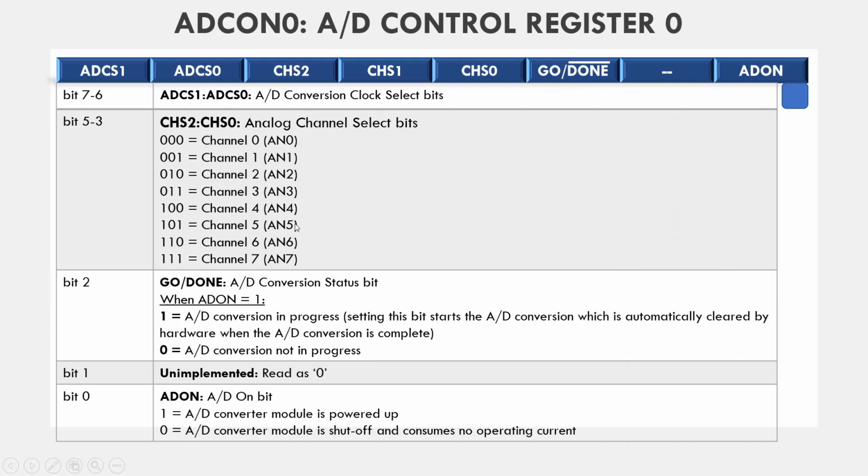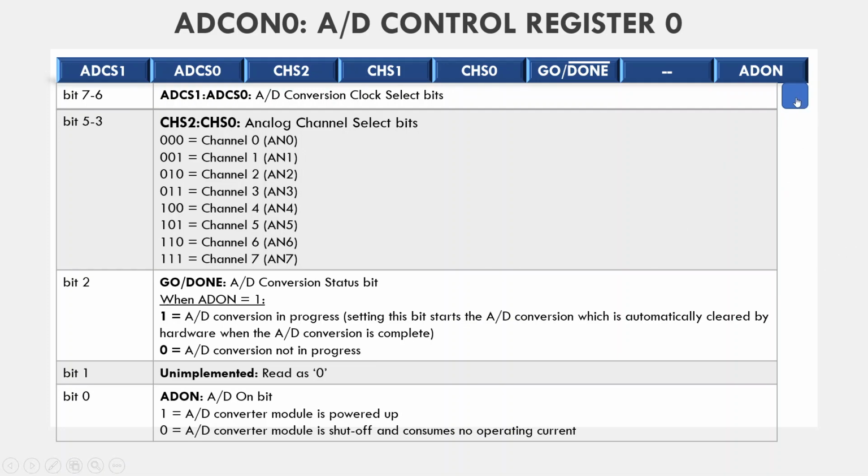The GO/DONE bar bit is the analog to digital conversion status bit. This bit controls the conversion, and it also shows the status of the conversion. Bit 1 is unimplemented, and the ADON bit controls the analog to digital converter module in the PIC controller.